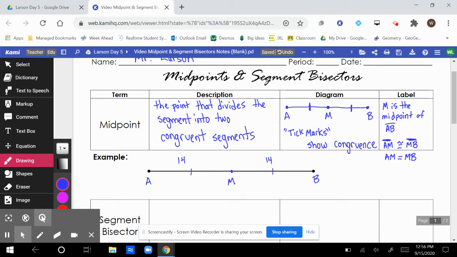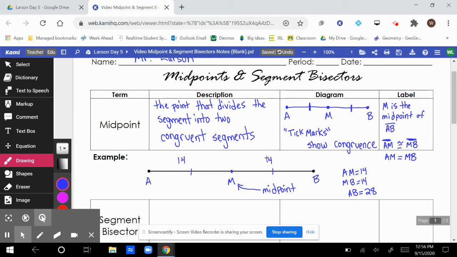Okay, so an example, I have segment AB here where M is the midpoint. I know M is the midpoint because of the tick marks. I also know that M is the midpoint because the two segments that are created, AM and MB, are both of length 14, which means that M must be the midpoint since the two segments are congruent.